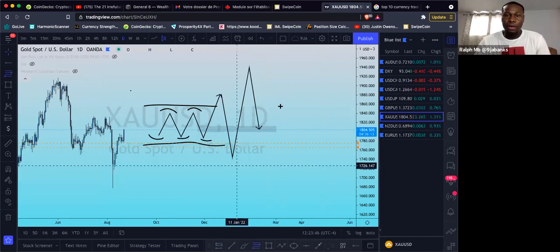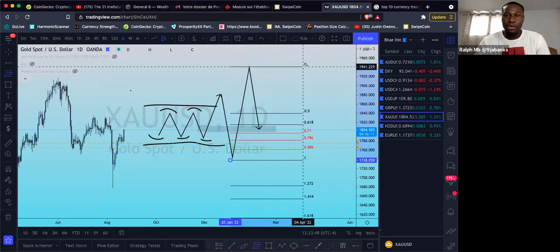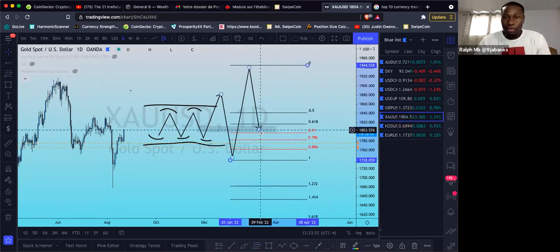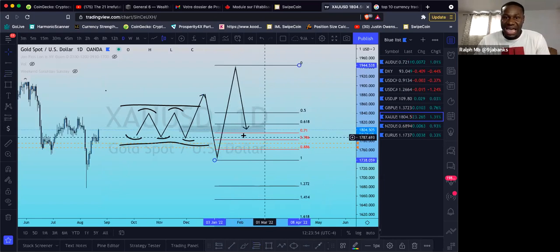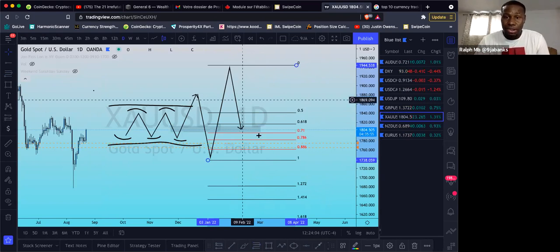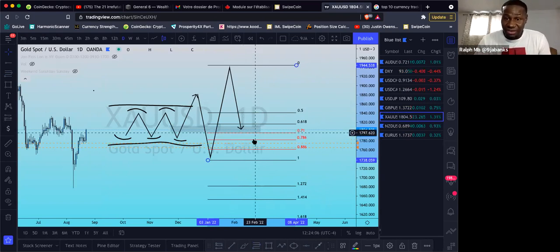I always wait for a market to come back and retrace back to the levels I want them to. So looking at this, what does this look like? Markets always come back. You guys see I have 71%, 78%, and I have the 88.6, because markets oftentimes, more than others, will come back to the 71%, 78, and the 88.6.